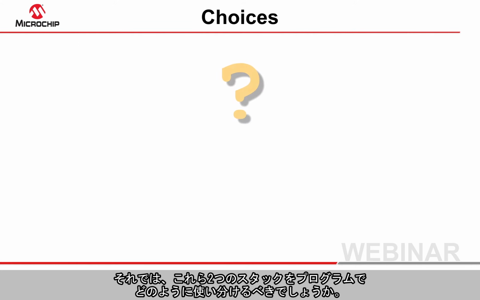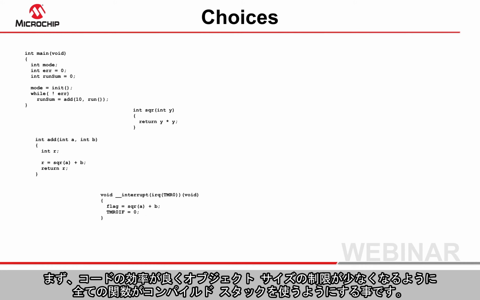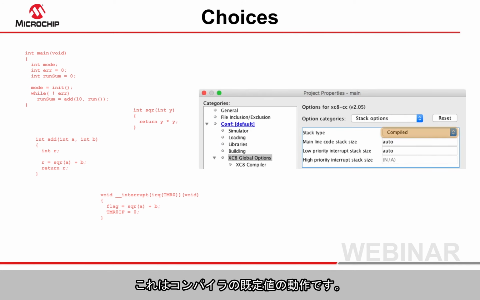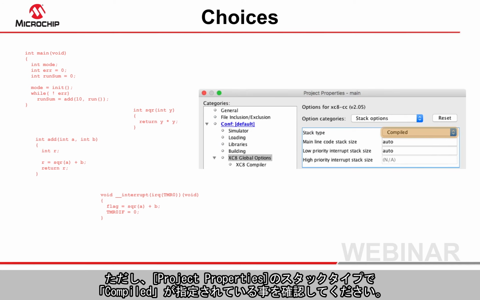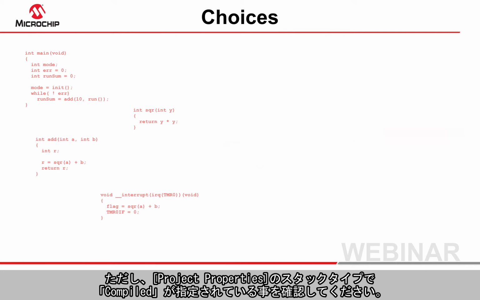So how should you use these two stacks in your program? One recommendation is to first let all functions in your program use the compiled stack, so that the code is the most efficient and you have fewer object size limitations. This is the compiler's default action, but check to make sure that the stack type indicates compiled in the project properties.